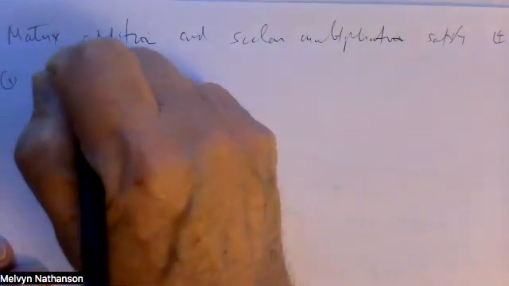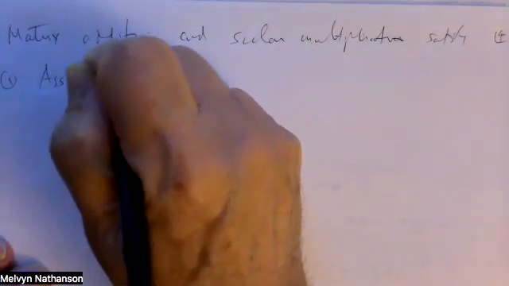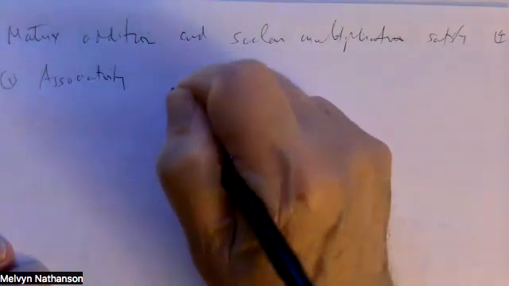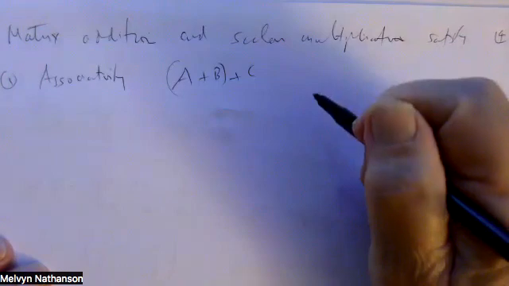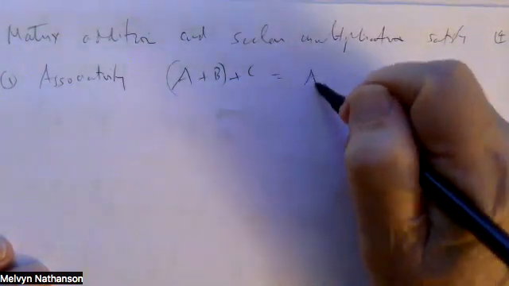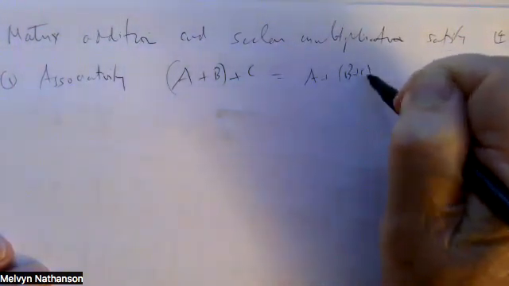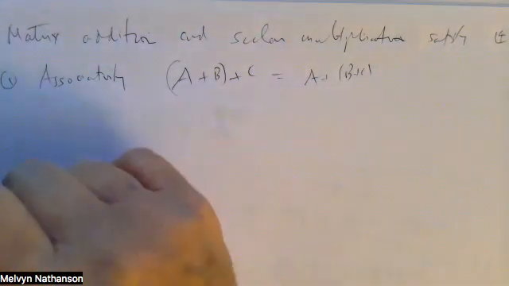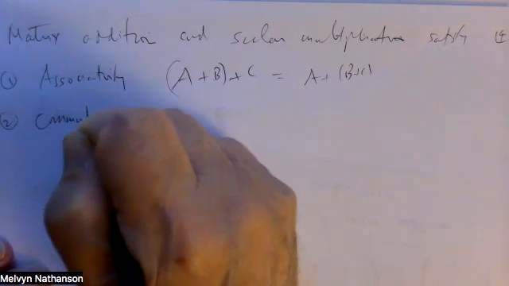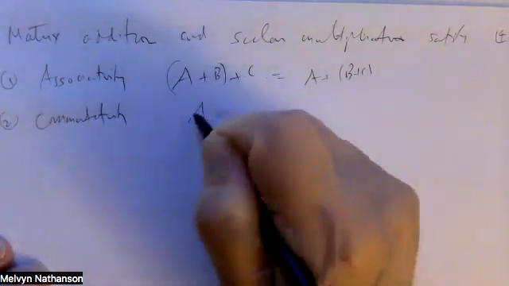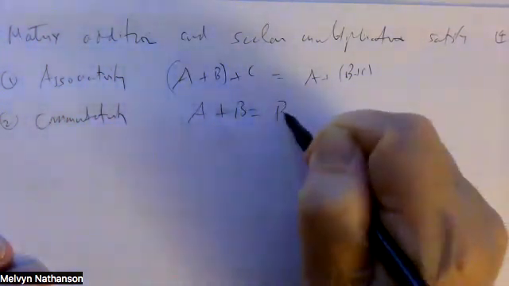You have associativity. You take two matrices A and B and add them, and then add C to the result. That's the same as adding A to B plus C. And it's commutative. That means that A plus B equals B plus A.